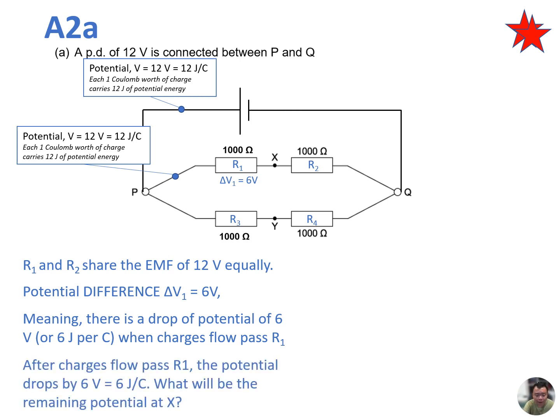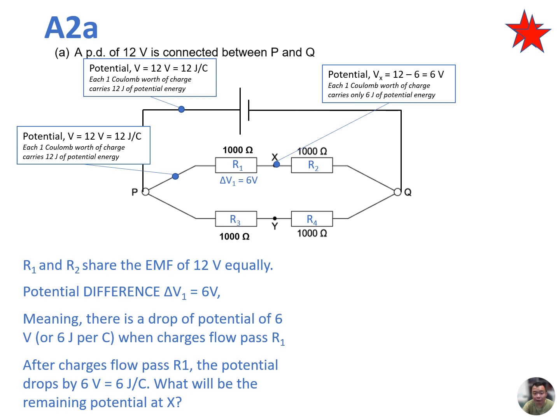So what will be the remaining potential at point X? If initially, before the charges pass through R1, the potential is 12 volts, and passing through R1 means a decrease by 6 volts, it must mean that the potential remaining at point X is only 6 volts.